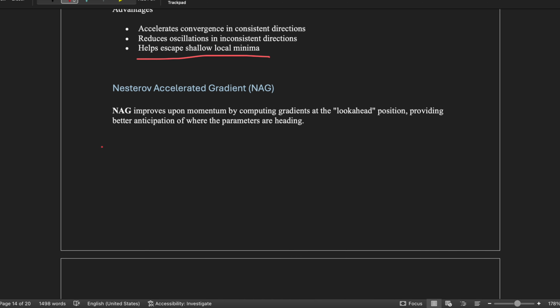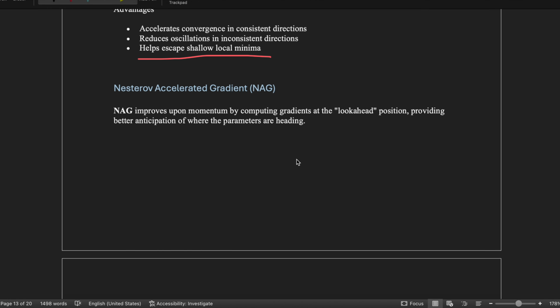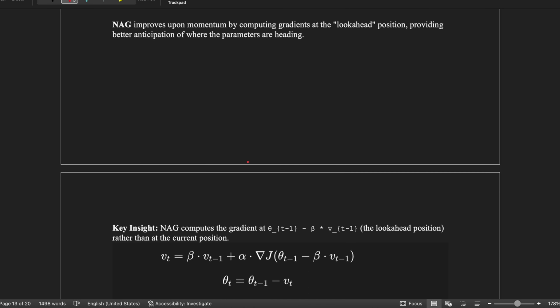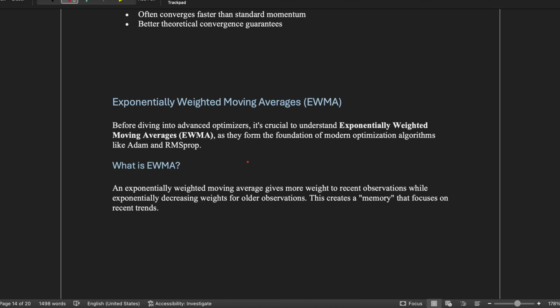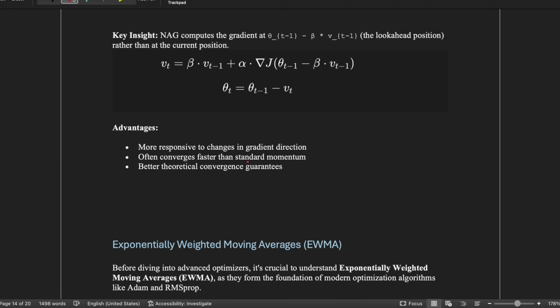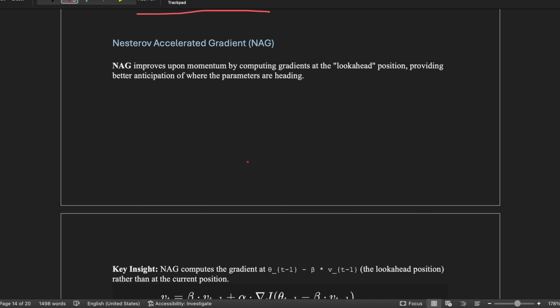This was the whole concept behind the Nesterov accelerated gradient, and let's look at what changes in the formula we made, to better understand what's happening and how we did this.